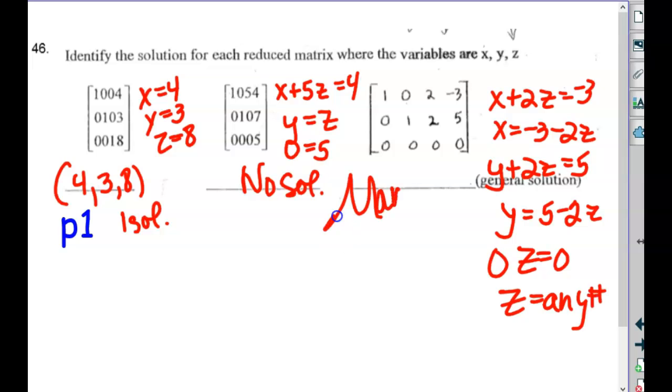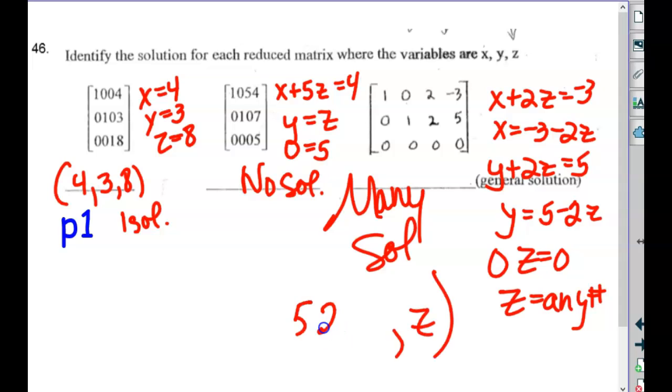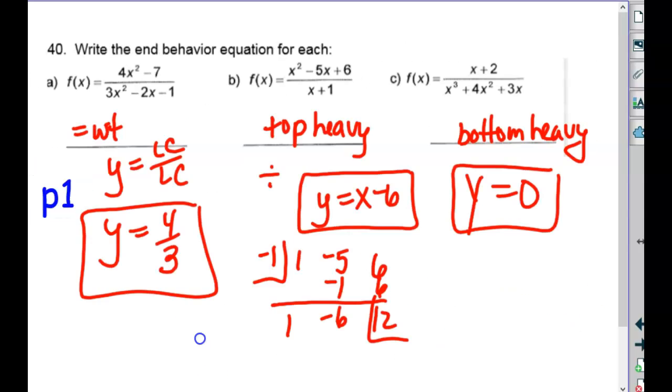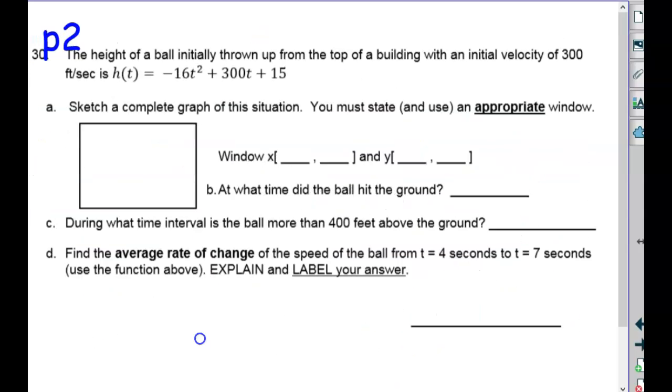So you would say many solutions, where z could be anything, and this would be 5 minus 2z, and x would be -3 minus 2z. Can only have one variable in the end. Okay, that's it. I only skipped one.